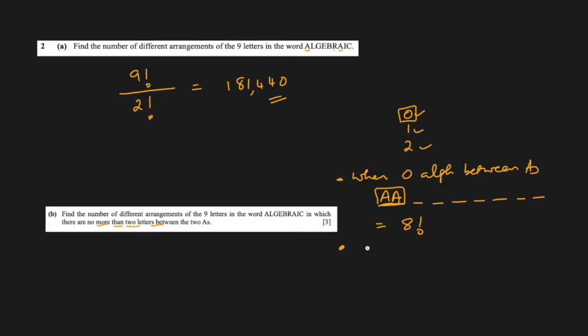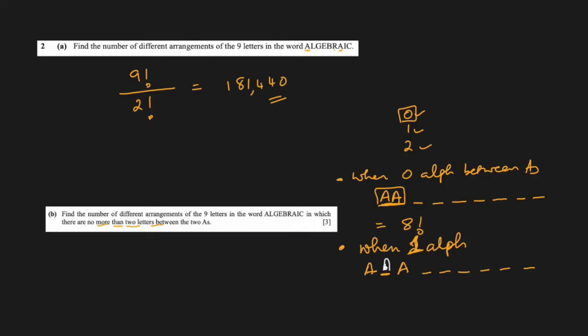Case number 2 is when, let's start with 1 alphabet between them, right? So that means there will be A, then some alphabet between them, then A. And then there will be 6 more spaces, 3, 4, 5, 6, yeah, 7. So these two A's can take these two places.